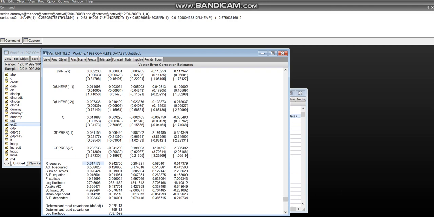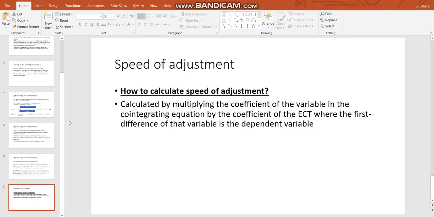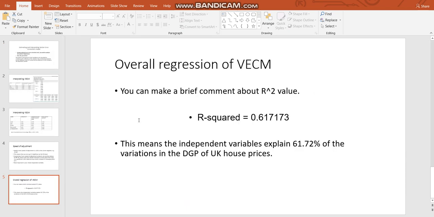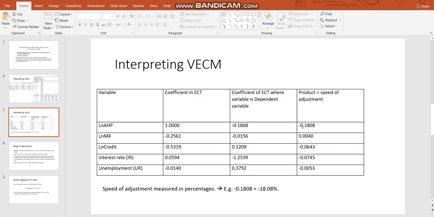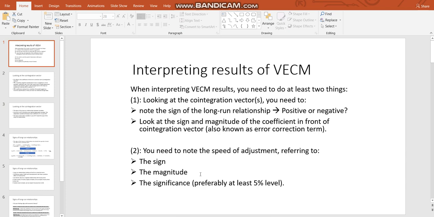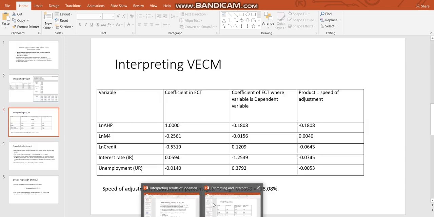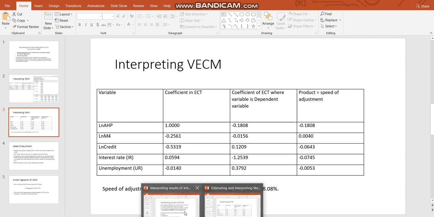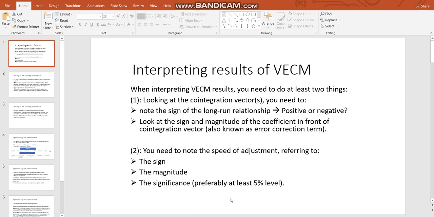So bear in mind when you're analysing your vector error correction model, we need to analyse the sign. Let's go back to the table. The sign is negative. Then you need to look at the magnitude. In other words, is it less than minus 0.05? And then the final thing is the significance, so at least 5%.